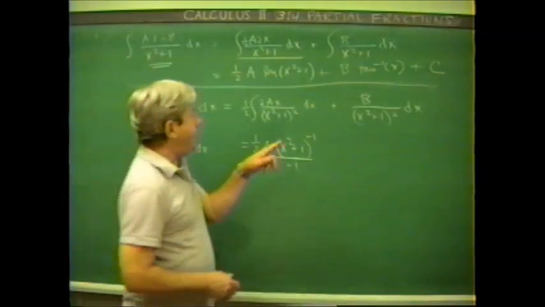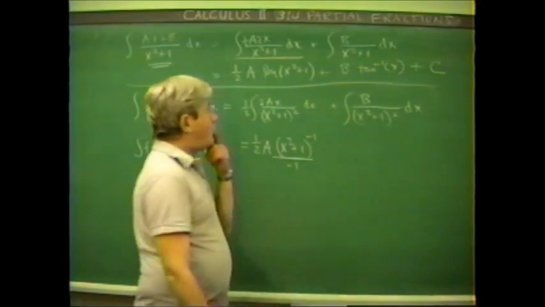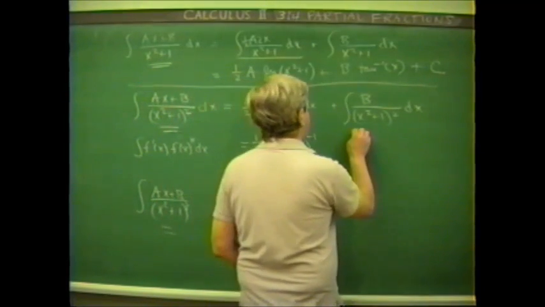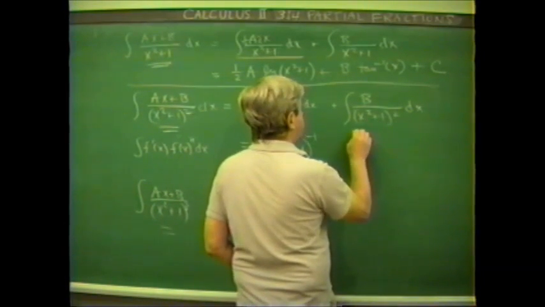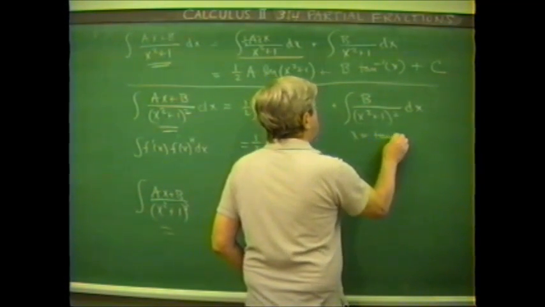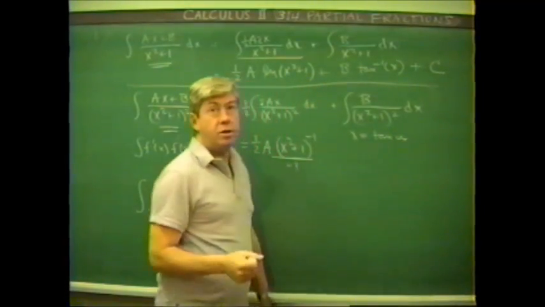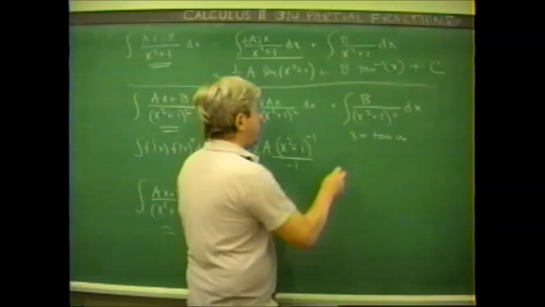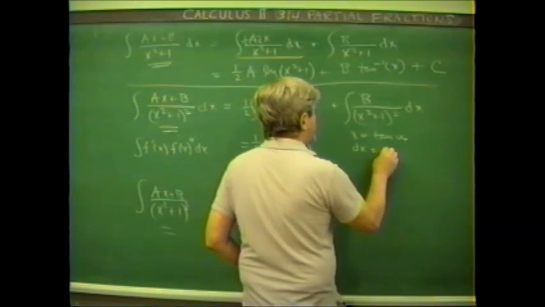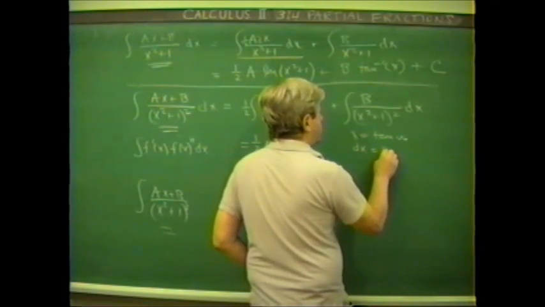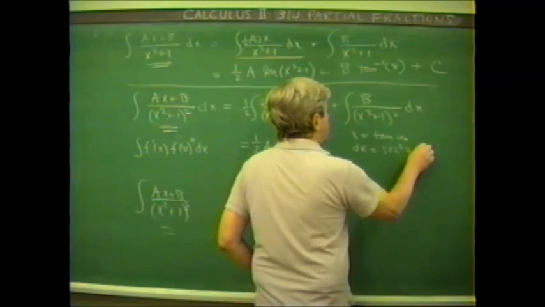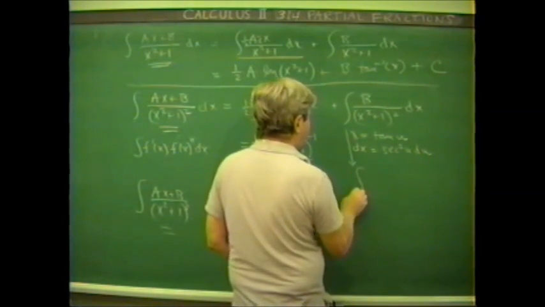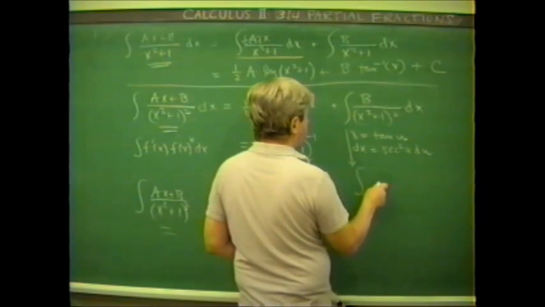Now, what to do with b over x squared plus 1 quantity squared? The thing to do with this is to use the substitution. Let x equal tangent u. So we get tangent squared plus 1, which is going to give us secant squared. In that case, dx is equal to secant squared u du, and this becomes the antiderivative of b.